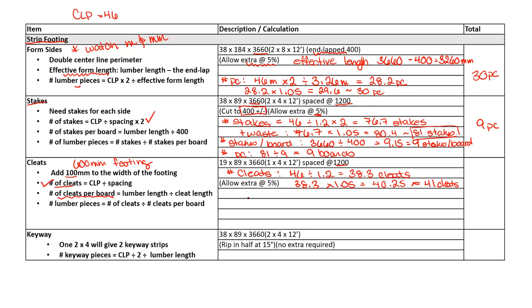How many cleats per board? Well, each cleat is 600 plus 100, which is 700 millimeters, okay? So I need my lumber length divided by the cleat length.